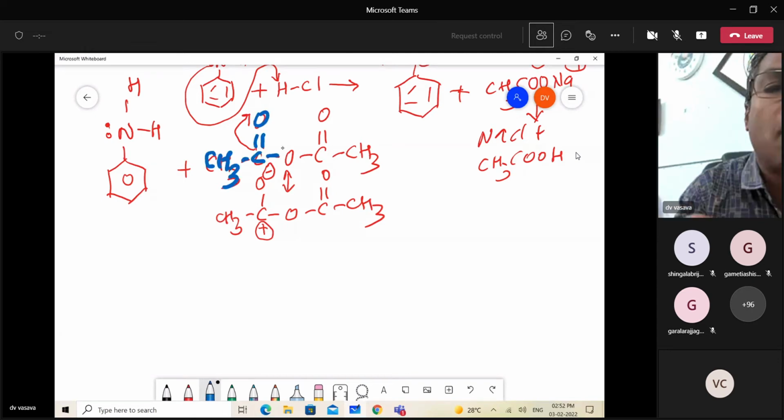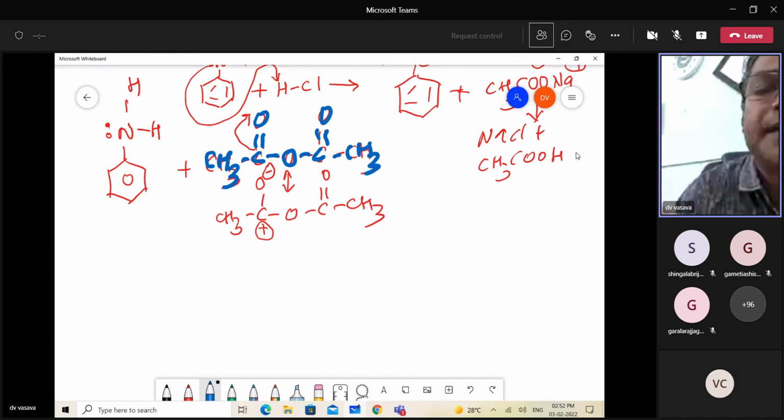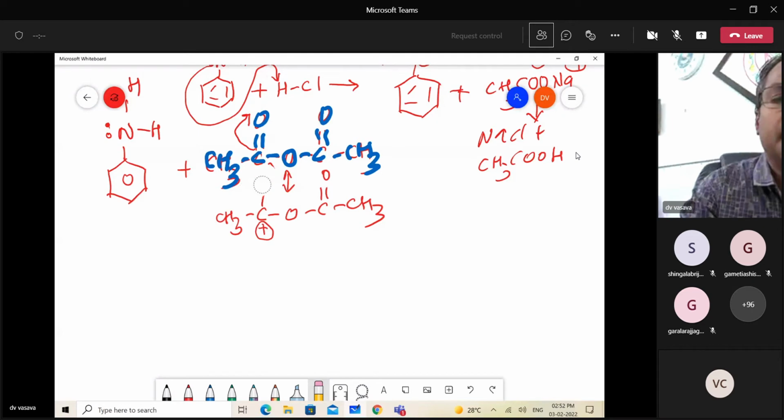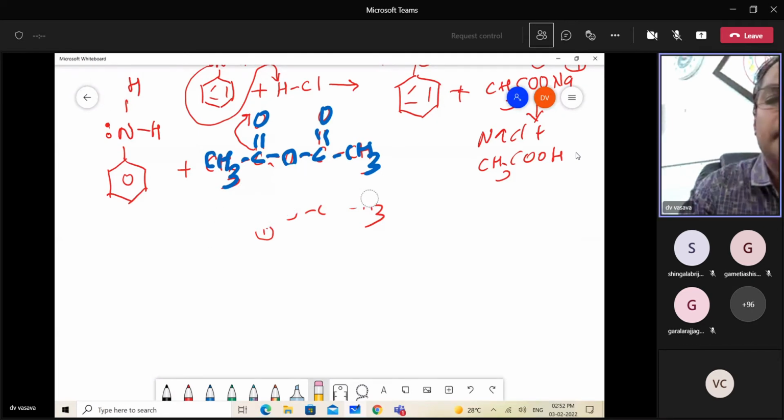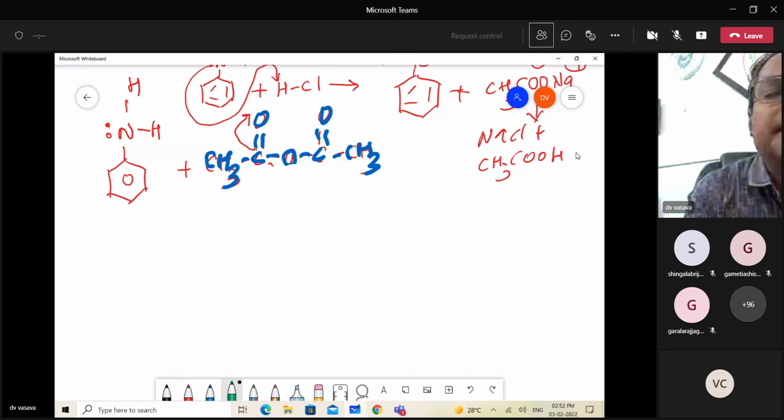O, O, C double bond O, and CH3. This is my reagent, acetic anhydride. There are pi bonds between the carbon and oxygen.